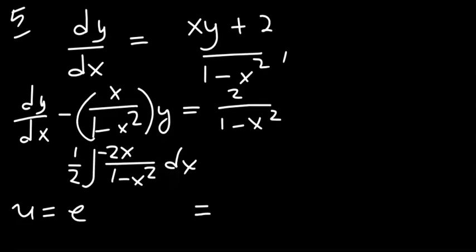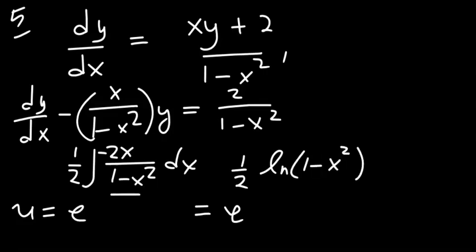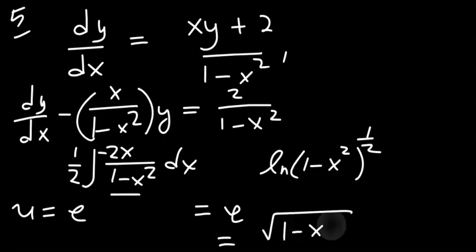The result of such an integral is just natural log of the denominator, in this case 1 minus x squared. Of course, we can bring the half as the power to get that. And this will just reduce into square root of 1 minus x squared. And that's the integrating factor.